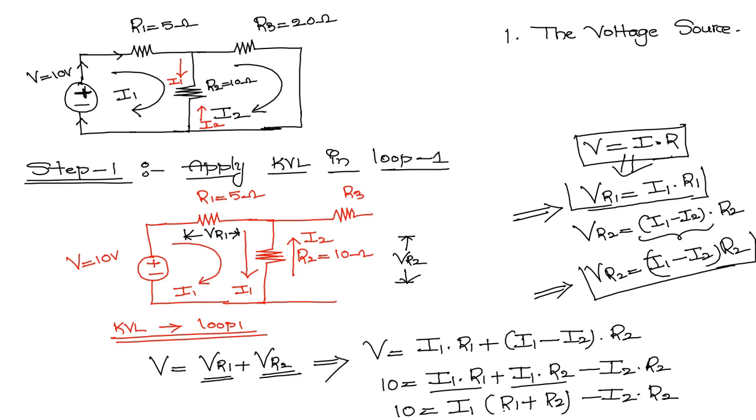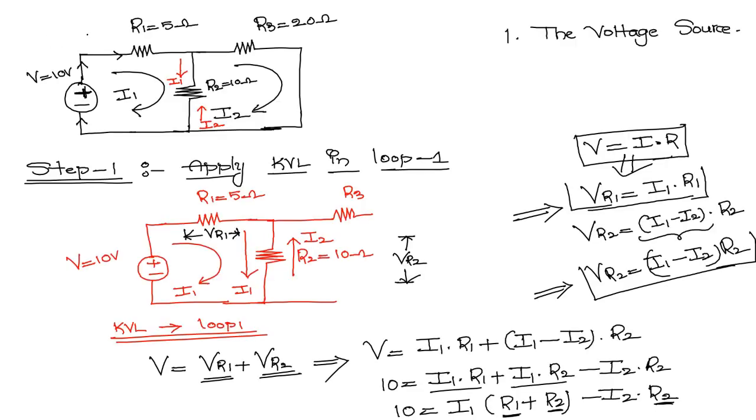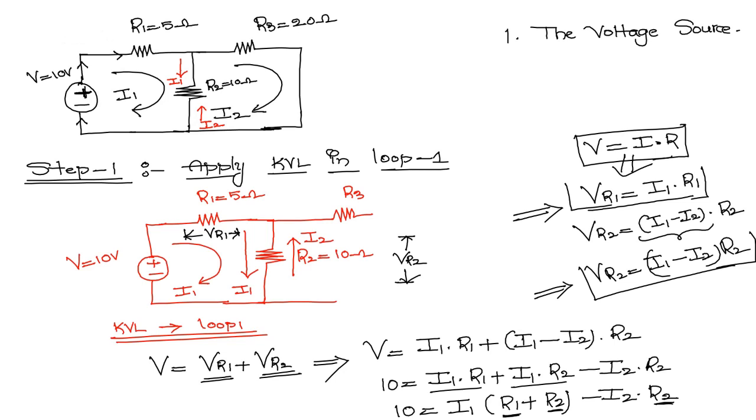Now we know the values of R1 and R2, so just substitute these values in the expression. R1 is 5 ohms, R2 is 10 ohms. So 10 is equal to I1 into 5 plus 10, minus I2 into 10 ohms.